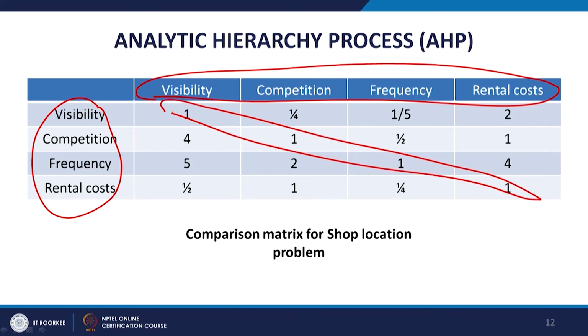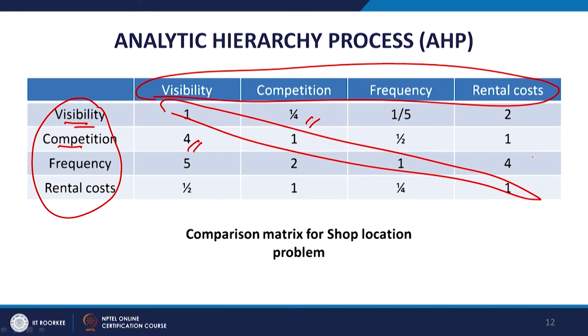The main comparisons are actually either in the upper triangular part or the lower triangular part of this matrix. You would also see that if you are comparing visibility with competition, there is this value, and when we are comparing competition with visibility, there is this value. So, you would see that there is a kind of repetition here. The number of actual comparisons can be reflected either by the upper triangular matrix or the lower one.